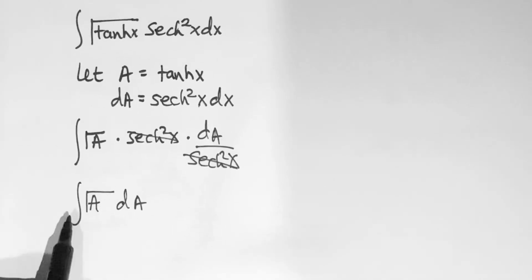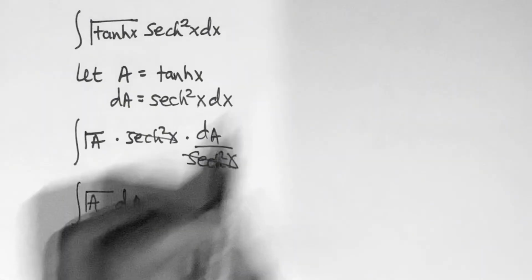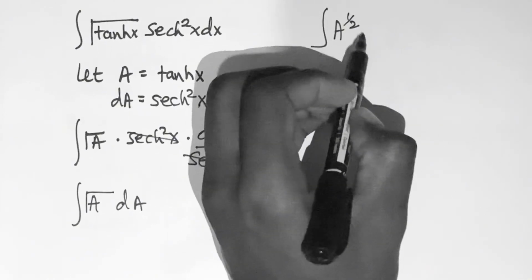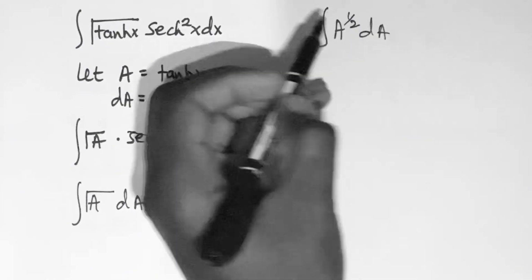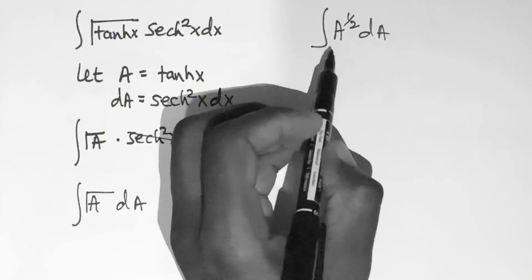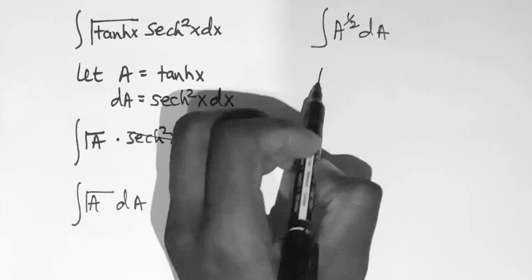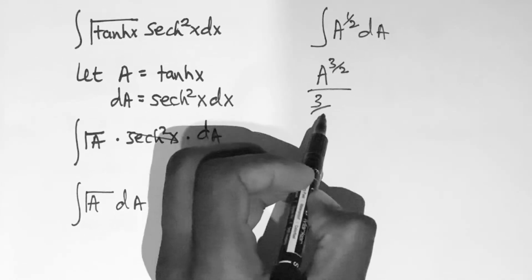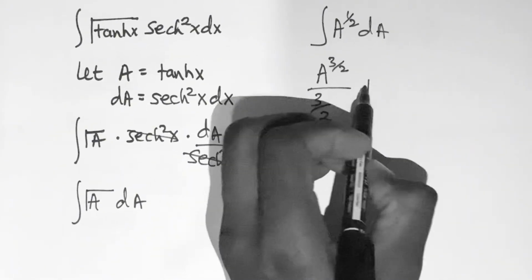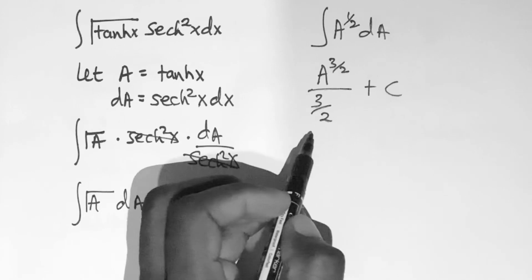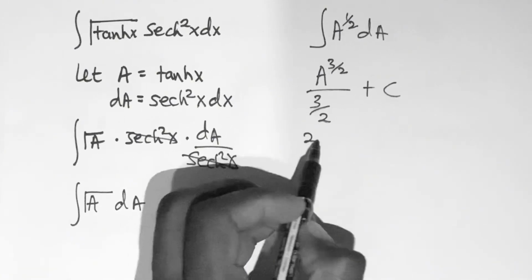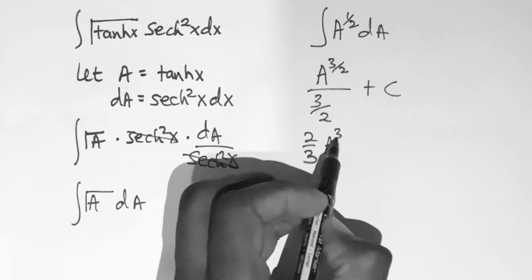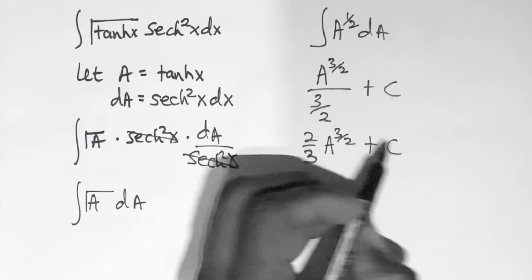And now let me rewrite this as integral of A exponent half dA. So when you add 1 to half, you will get 3 over 2. So you are going to get A exponent 3 over 2 divided by 3 over 2, plus c. And then rewriting this, it is 2 over 3 A exponent 3 over 2 plus c.